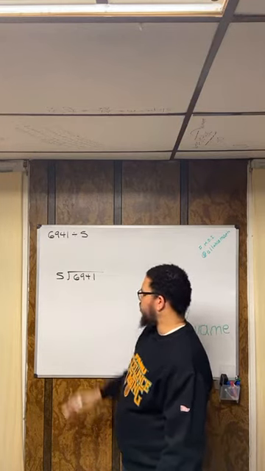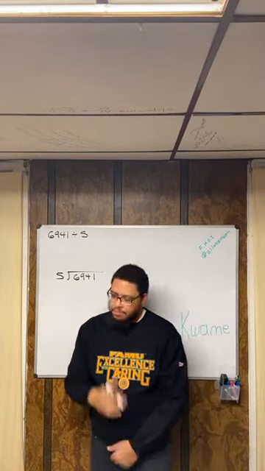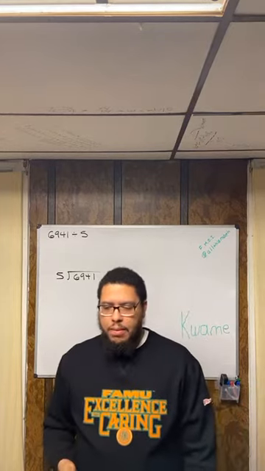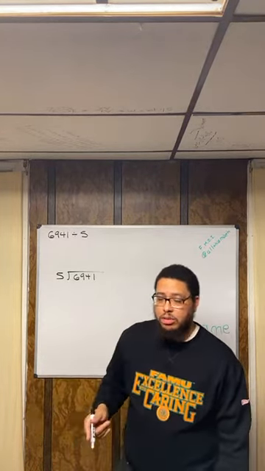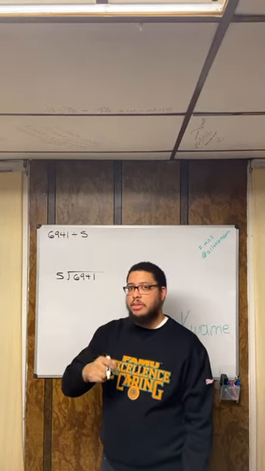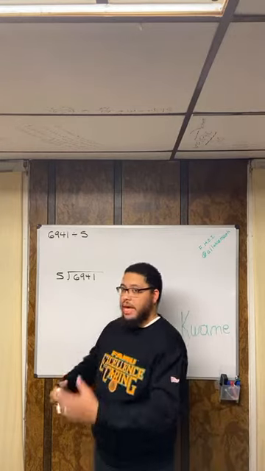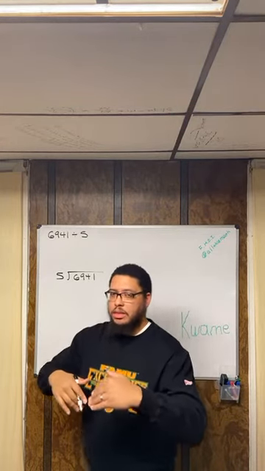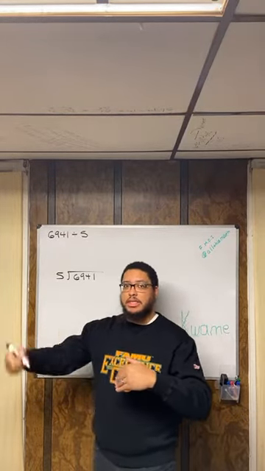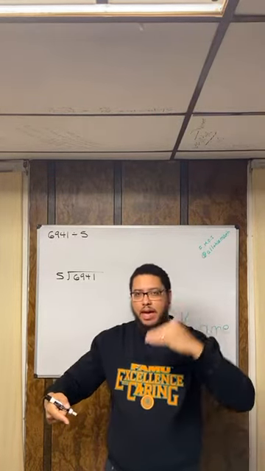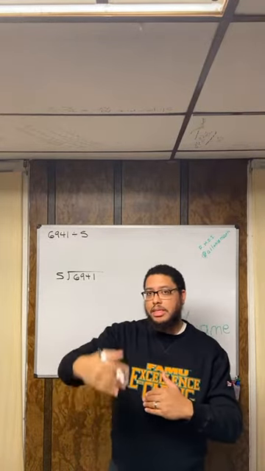So into 6,000. I say, well, how many 5s go into 6,000? Now, I know that 10s go into 6,000 600 times, because 600 times 10 is 6,000. 5 is half of 10. So if 600 times 10 makes 6,000, then if I take half of the 10 and get 5, I have to double the other number to maintain the same product.